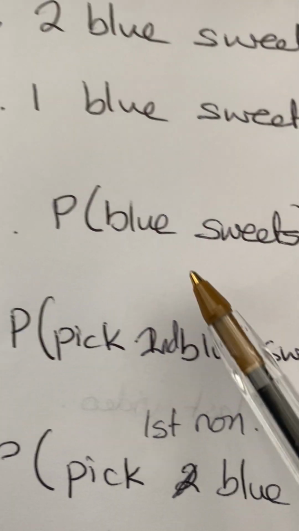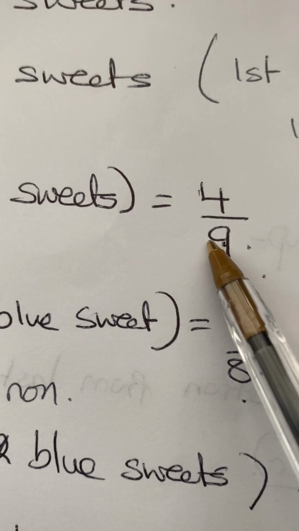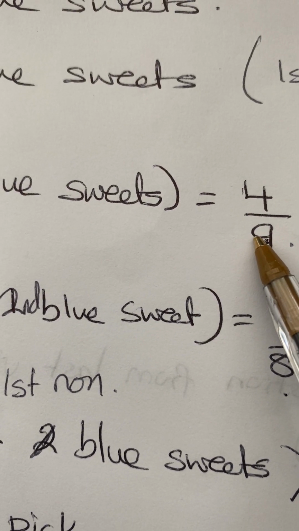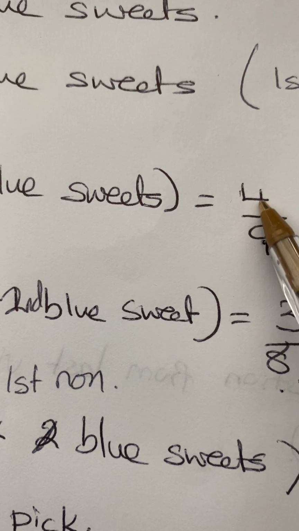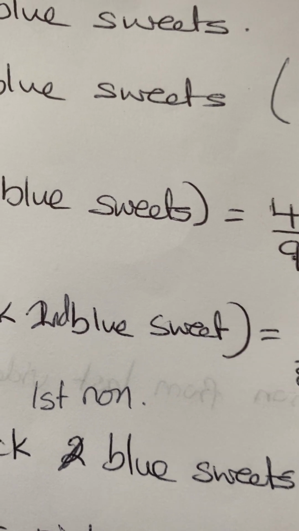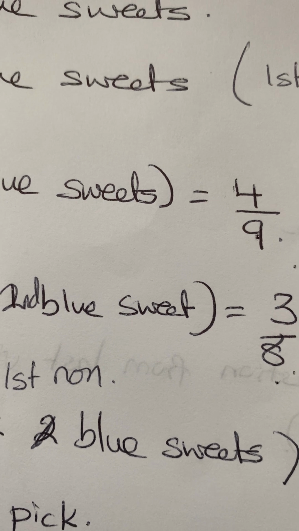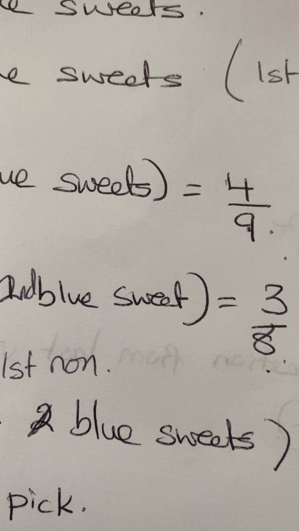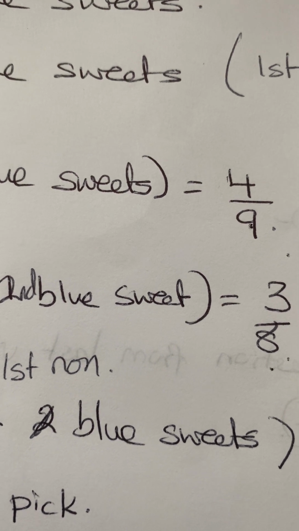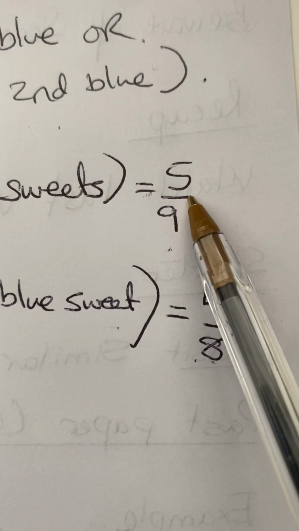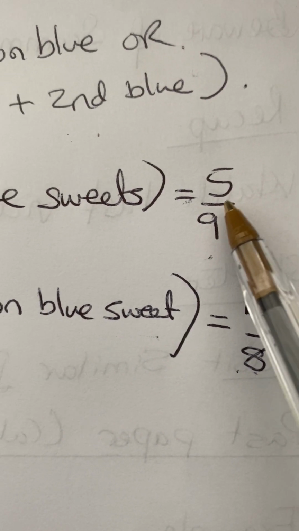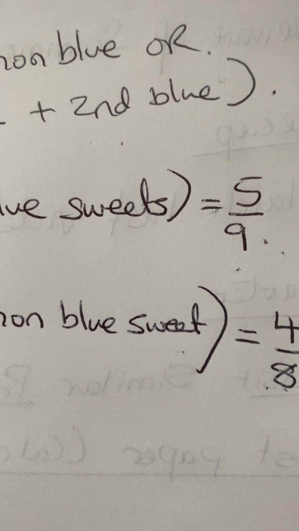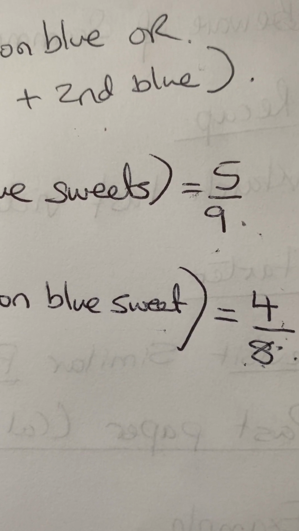Now the probability of picking a blue sweet will be 4/9, because you have 4 in the bag. So if you pick the first one and it's blue, that will be 4/9. If you pick the first one and it's non-blue, that is 5/9.